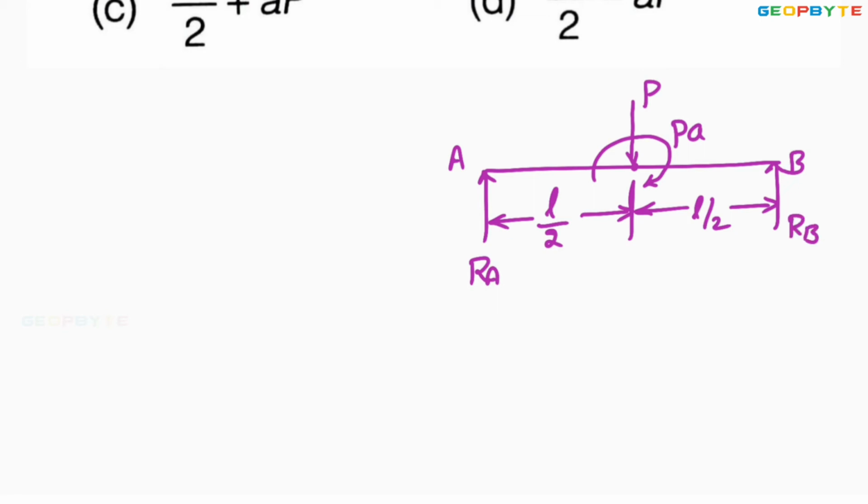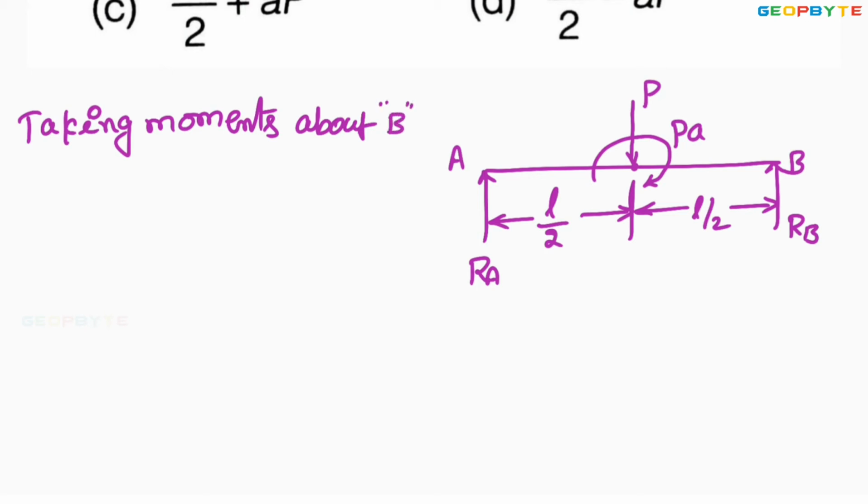Reaction at A can be found like this, taking moments about B. With respect to B, RA into total length L is developing the clockwise moment, plus the moment at C, that is Pa, also in the clockwise moment.